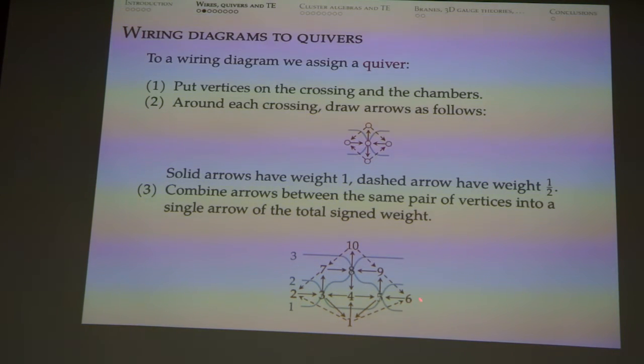So the main point is, given the wiring diagram, I can construct this quiver. So this correspondence is going to be important. Is there any meaning for the integers assigned to the vertices? Oh, these integers are just labels for vertices. Yep. Because I'm going to refer to these vertices by numbers.